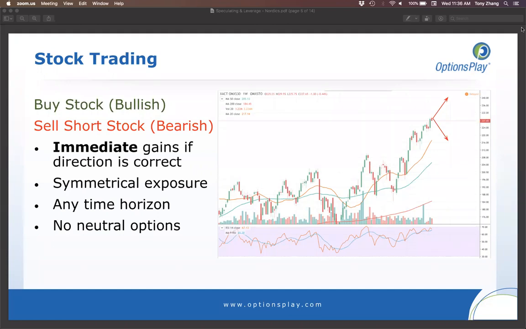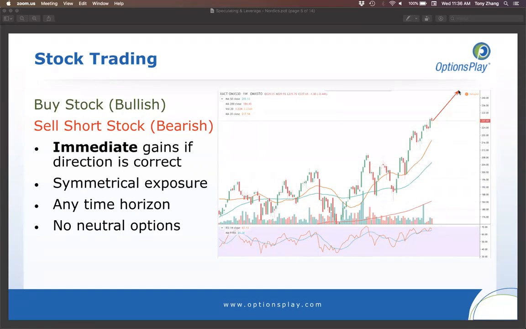Now, the benefit of this strategy is it provides immediate gains if the direction that you call is correct. So let's say you're bullish on this particular ETF and you believe the stock is going to go higher. So you buy it at 227 crowns, and if the stock moves to 228 or 229 crowns, you start to make money immediately. The second the stock starts to move higher, you make money.